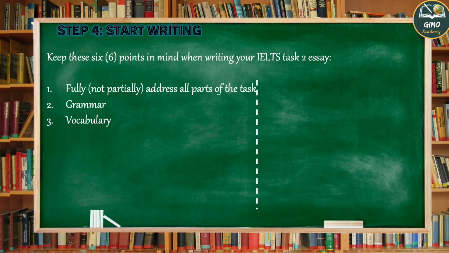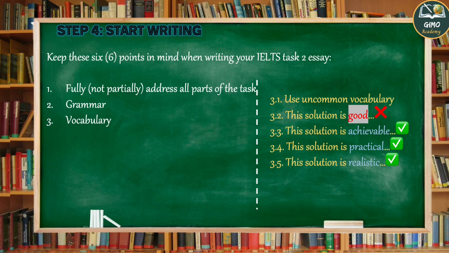Point number 3, vocabulary. Yes, indeed, you need to know some vocabulary. So, this aspect deals with your ability to use a wide range of vocabulary. In addition, you should try to use some uncommon lexical items. For example, instead of using the word very, you should use some lexical item like extremely, exceptionally.